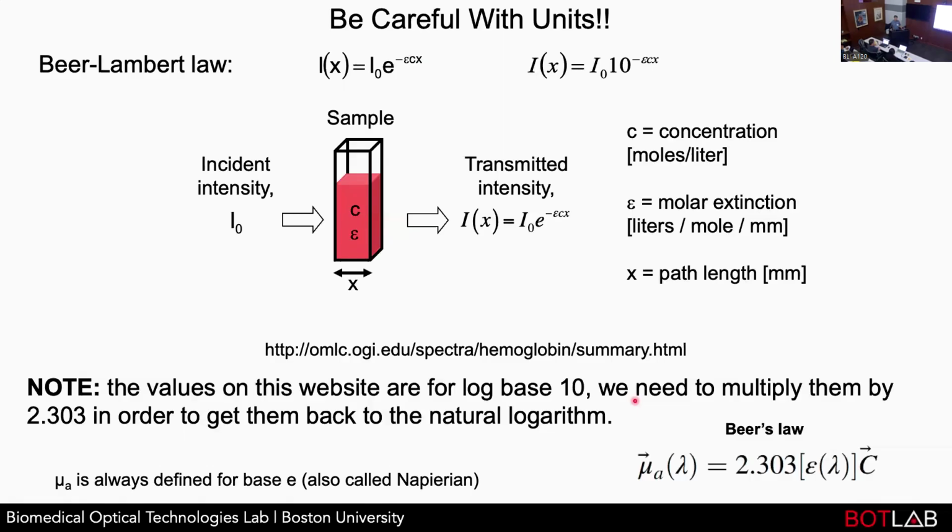And then if you want to use Beer's law, mu A equals extinction times concentration, you want to be in log base e. The mu A is always given in log base e. So for example, the hemoglobin extinction on the OMLC website is in log base 10, which is why we use that 2.303 to convert down here to get it into log base e.